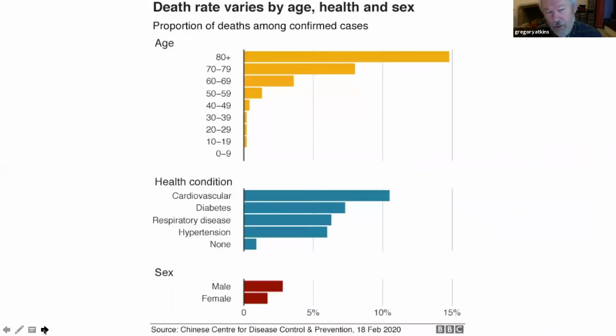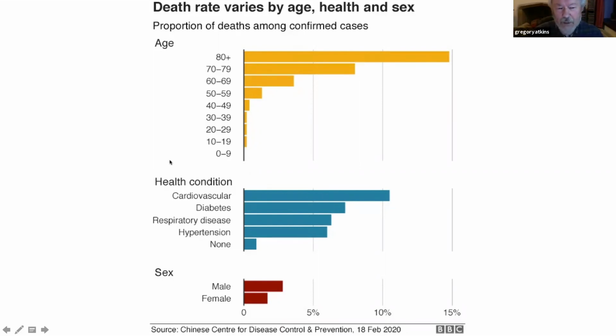We all know the basics of the disease it causes. It's older people that are most susceptible to disease and who are subjected to the greatest mortality. Children, funnily enough, as you can see here, are very little affected by coronavirus, and this is quite different to a lot of other viruses.